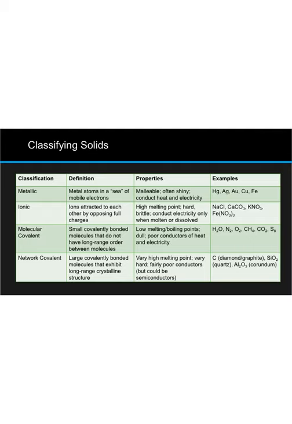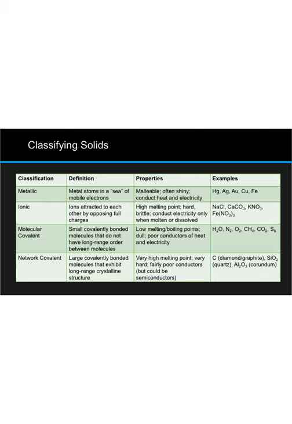Ionic solids are compounds composed of cations and anions attracted to each other by opposing complete positive and negative charges. As we've seen, ionic solids typically have high melting points. They're hard and brittle and can only conduct electricity when their ions are freely mobile, when they're molten or dissolved in a solution like water.